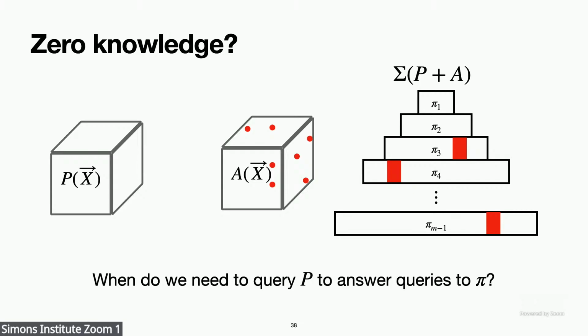Before we were able to give a reasonably clear condition about when I've solved enough linear equations to figure out entries of P. Now I have a much more complicated looking thing, and so I need to understand when do I need to query this P in order to answer queries to the proof, and I need to know that I don't have to query it too often, right?